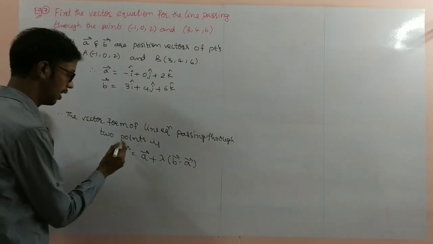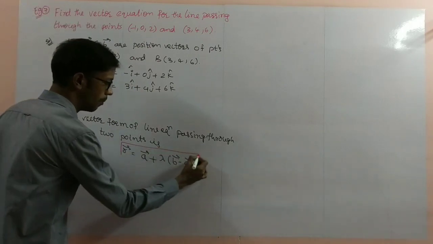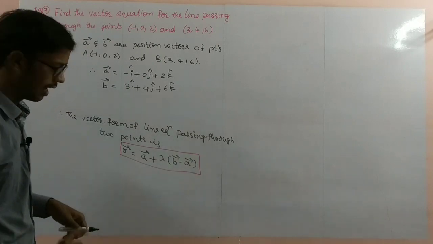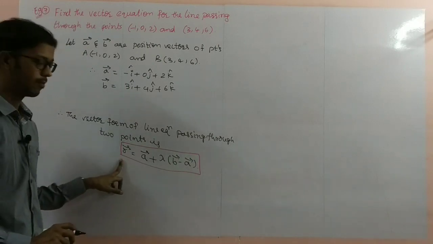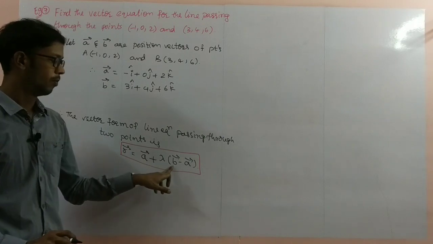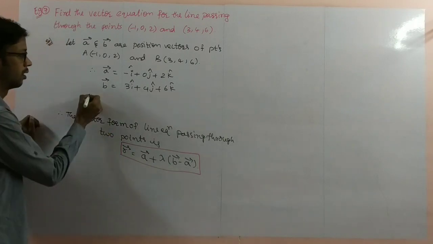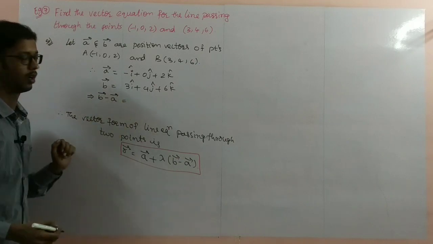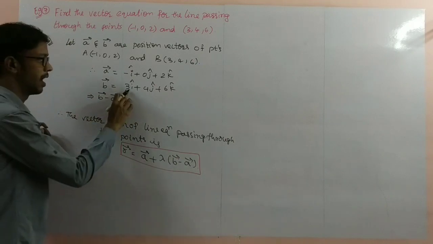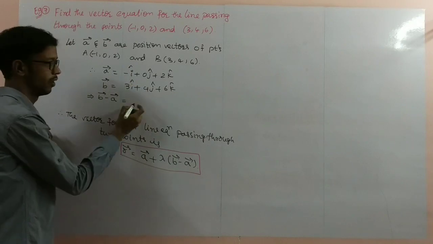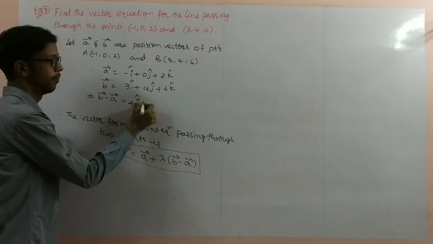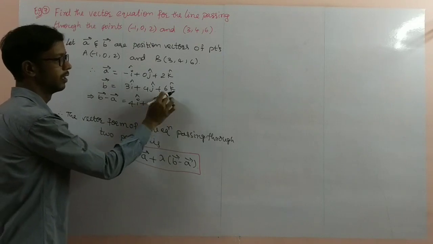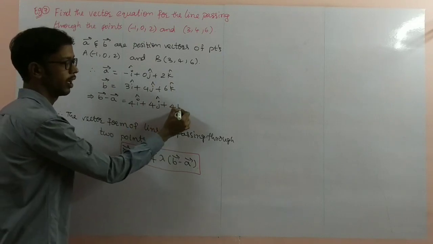This is the vector equation of a line passing through 2 points. Now we know A bar; B bar minus A bar equal to 3 minus of minus 1, 4 i cap, plus 4 minus 0 is 4 j cap, plus 6 minus 2 is 4 k cap.